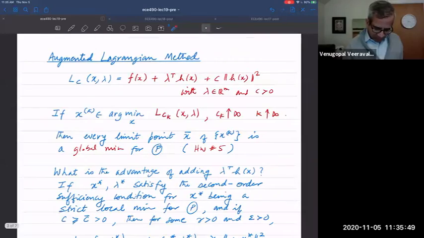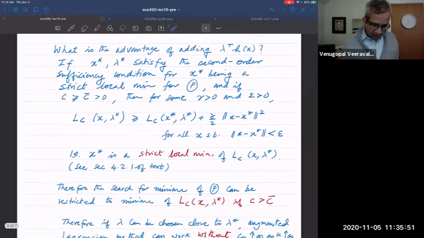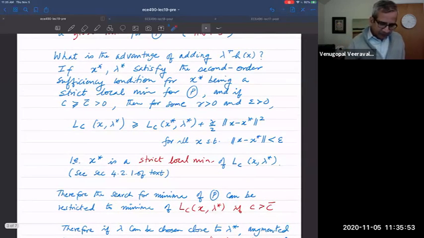Oh, yeah. If we fix lambda to lambda star and then look at the augmented Lagrangian, then if x star is a strict local min for P, it's also a strict local min for the augmented Lagrangian.